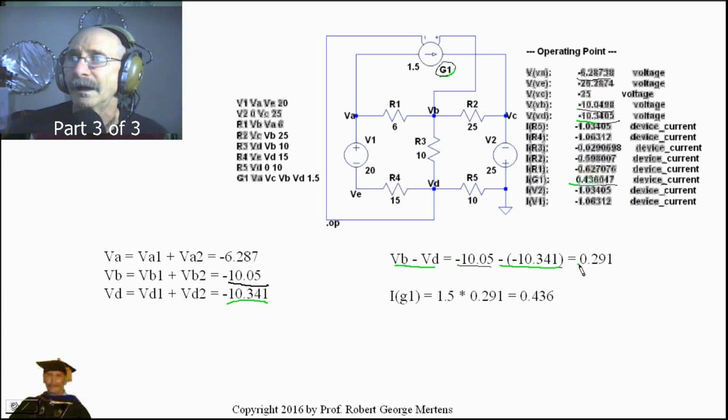We get a positive 0.29 volts. And we multiply that by 1.5, and now when we do the calculation in Mathcad, we're getting a few more decimal places that you're just not seeing here. The numbers you see here might not be perfect, but 1.5 times 0.291 comes to 0.436, and what you see here is 0.436, which is the current that we calculate to be correct.